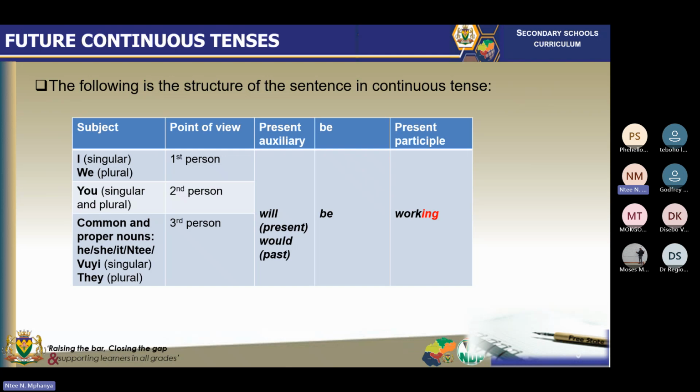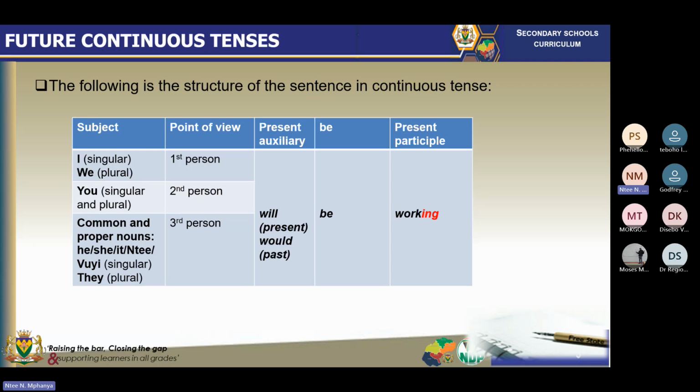The following is the structure of the sentence in continuous tense. Subject: I and we are in first person, singular and plural. You is in second person, both in singular and plural. And then we have the third person, in which we find he, she, it, or common and proper nouns, which are singular, and for plural, we use the subject they.